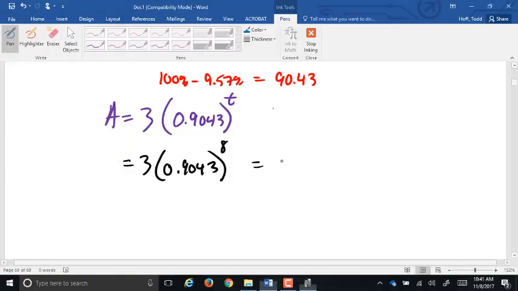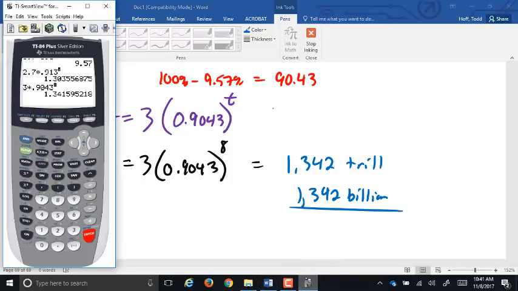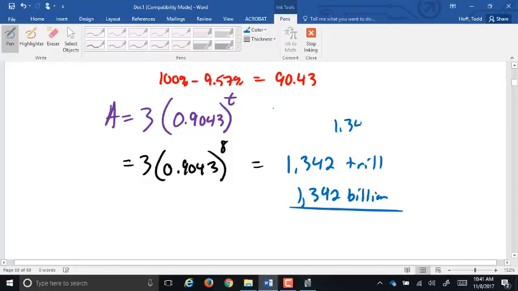I got 1.342 trillion, which is 1,342 billion. Yeah, it's 1.3415, so that would round to 1.342. When it says enter whole or decimal, does it say trillion or billion after it? Billion? So it'd probably be this one. The 1.342 is what I would enter.